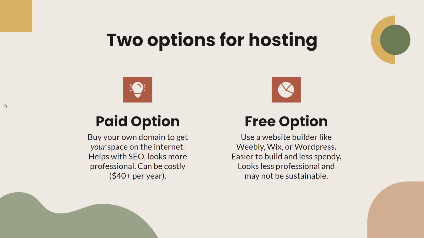If you park johndoe.com, other people can't do it, so you can get ahead of that. Also looks more professional to have your domain name, but it can be costly. I pay over $40 per year to host and park my own domain name online. So if you don't have that kind of resources, don't worry. You can build a perfectly good professional website without paying for hosting.